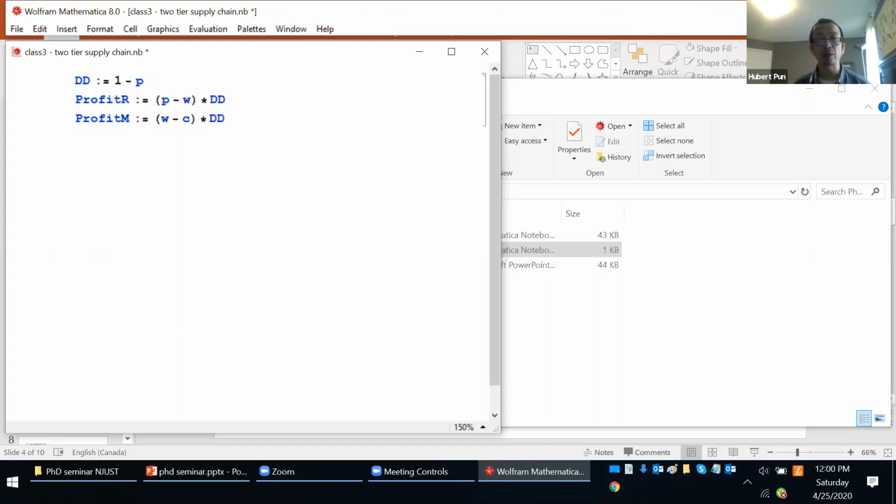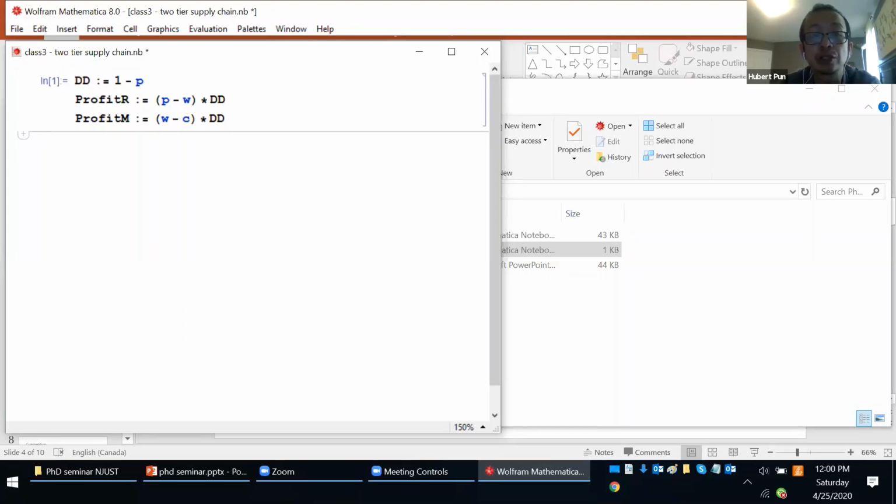Okay, so I have not yet pressed Shift Enter. Therefore, everything is still in blue. But right now, I do Shift Enter. So I have DD colon equals 1 minus P. DD now becomes black because I assigned the value 1 minus P to DD.